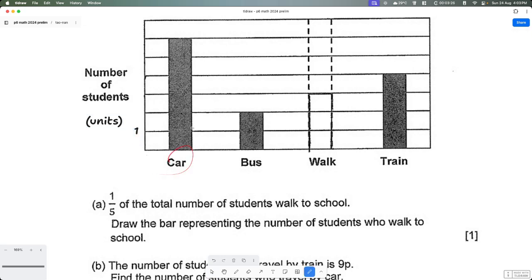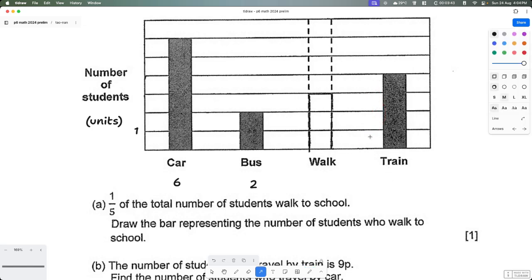So for the car, it's 1, 2, 3, 4, 5, 6. So car will be 6 gaps, right? And then for bus is 2 gaps. And then lastly, train is 1, 2, 3, 4, so this is 4 gaps, right?